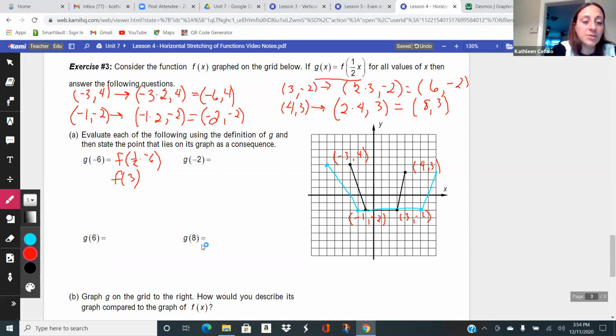So I needed here the f of -3. So our f function is our blue function. So if I go to the f of -3, I should be able to find what my y value is.